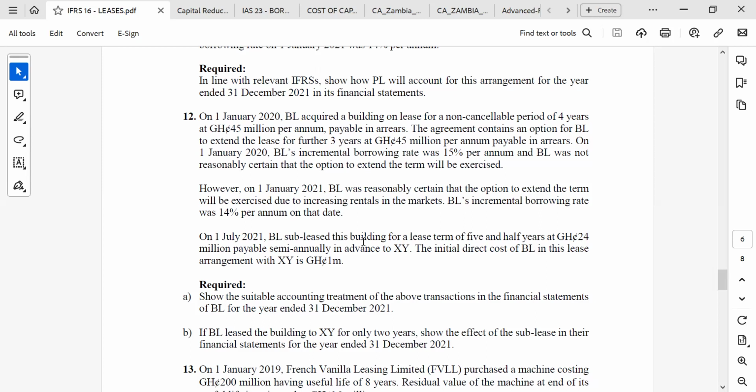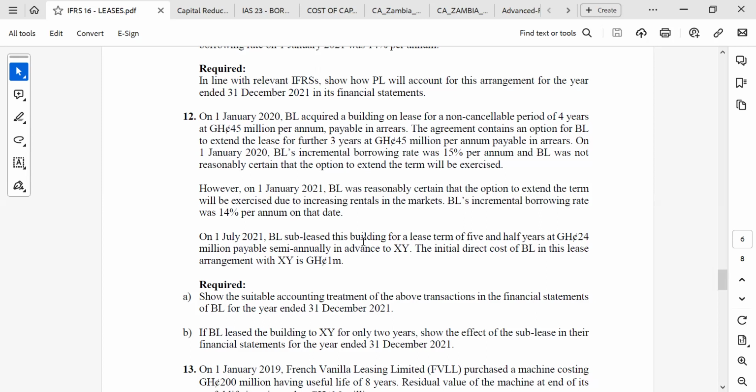If it's only for 2 years, what will happen? If it is for only 2 years, are we going to be having lease receivables?